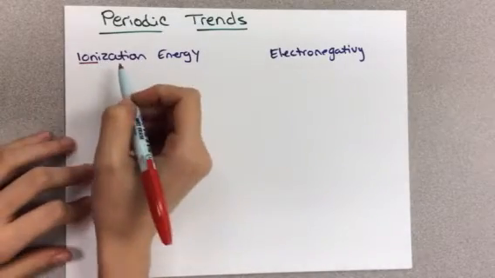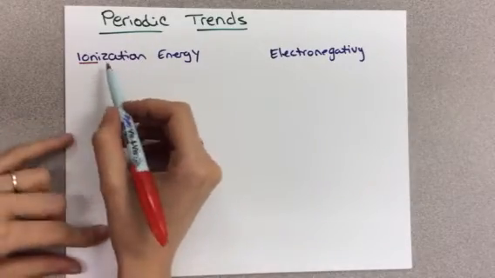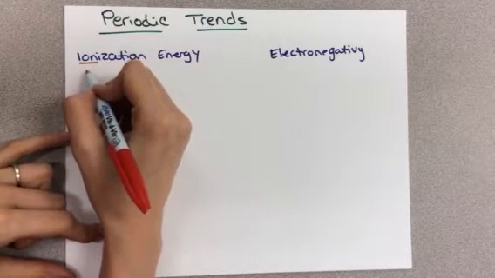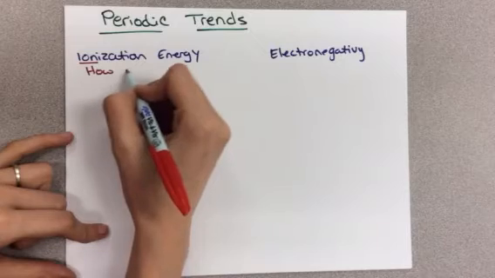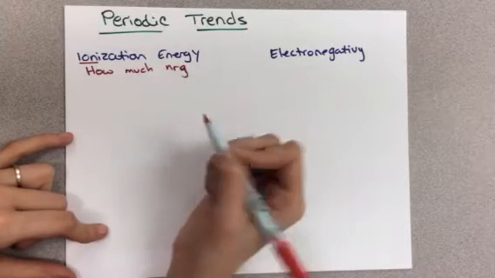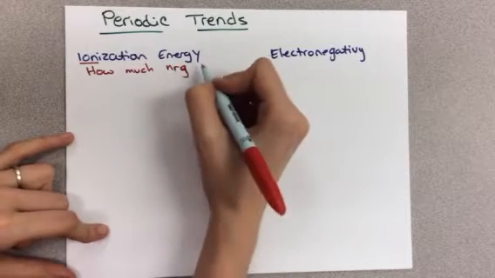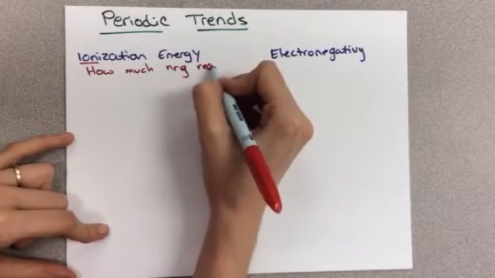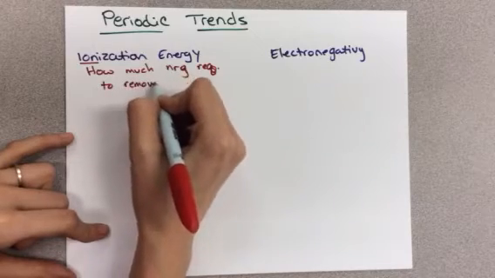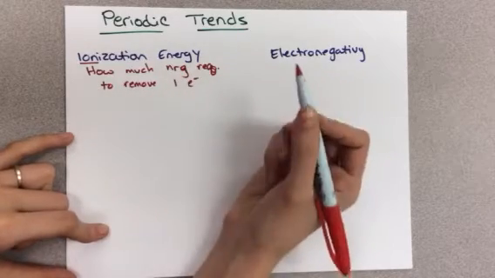Ionization, that should tell you that it has to do with ions. So ionization is defined as how much energy, NRG is energy, just so you know, how much energy is required to remove one electron.